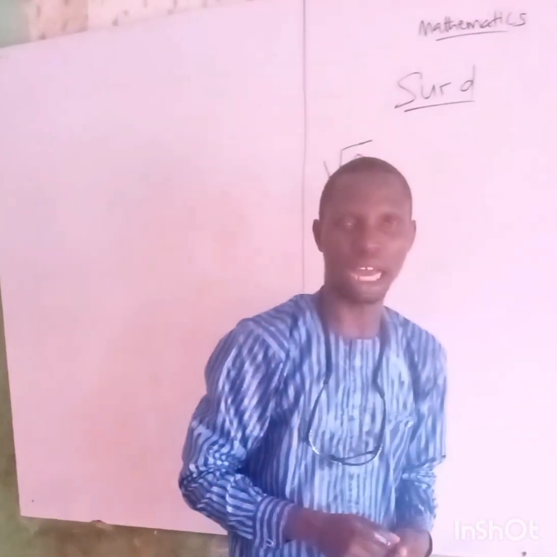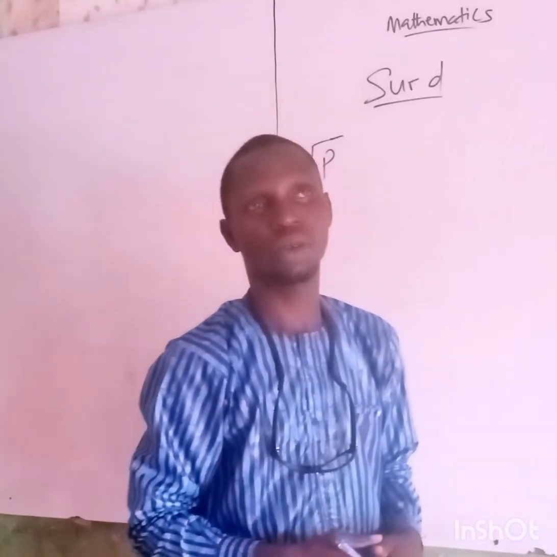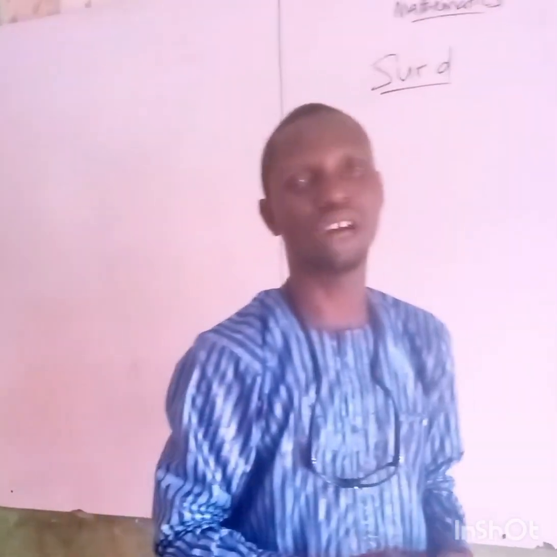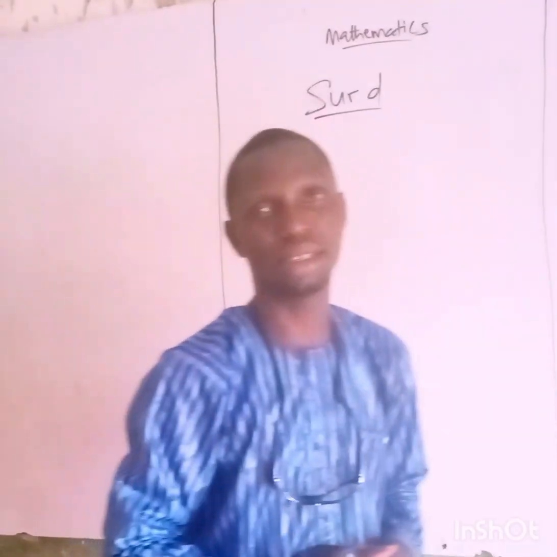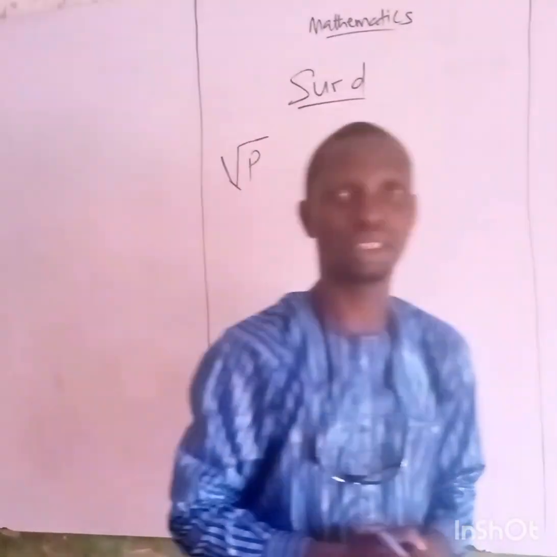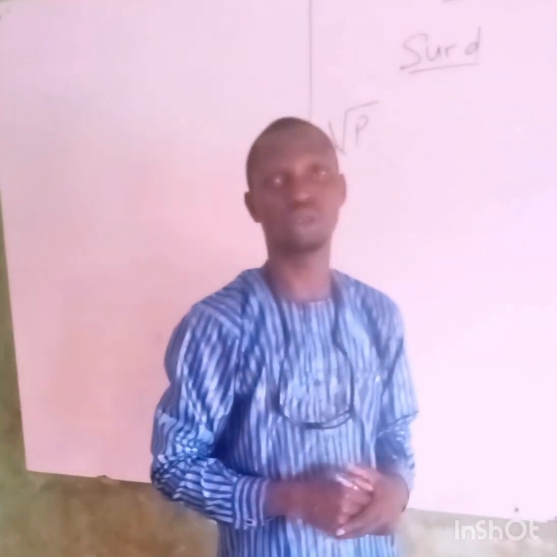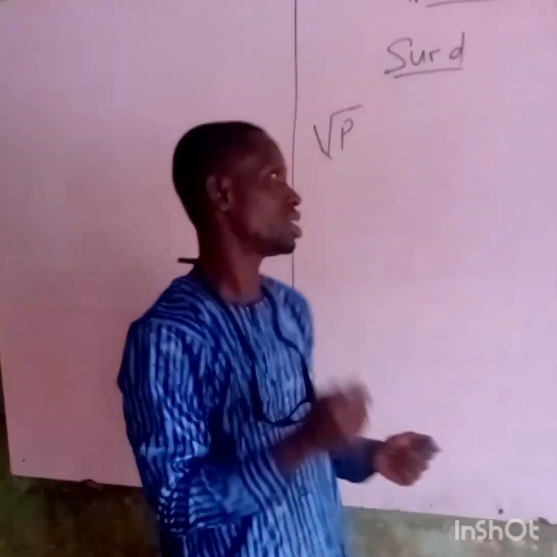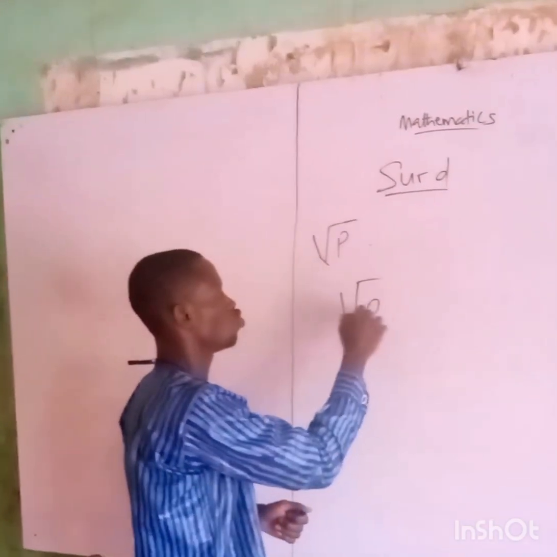So in short, as a basic introduction, when you are finding the square root of a number that does not have a perfect square, we can simplify it and leave it in the root form. We have that called a surd. Now let's see another example. We can have the square root of 2.